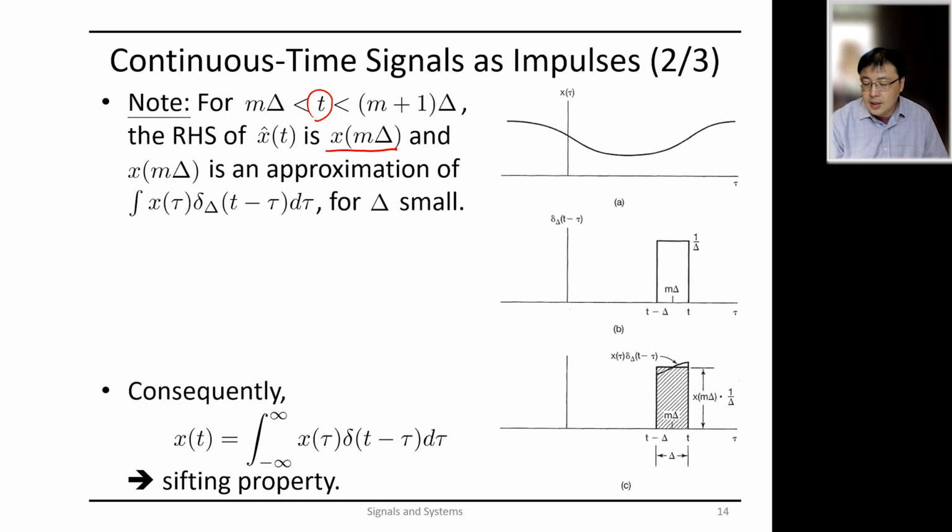If you multiply x of tau with this delta of t minus tau, then the function you get is this function here.